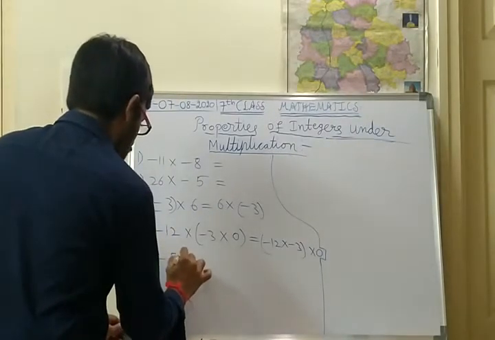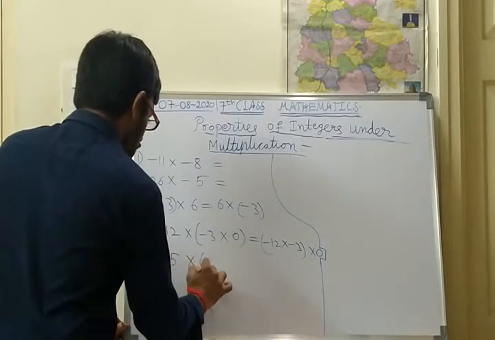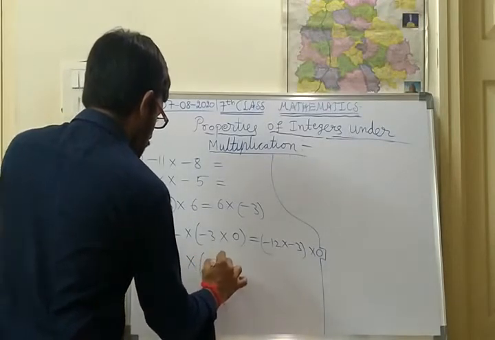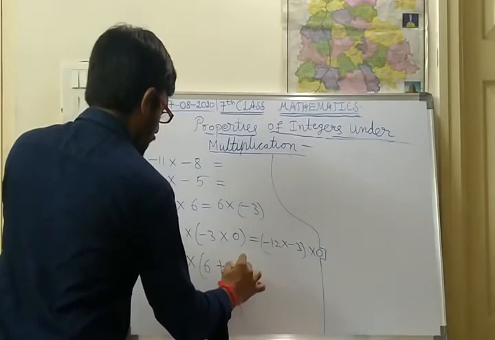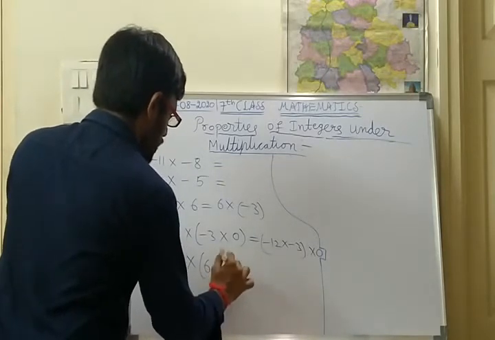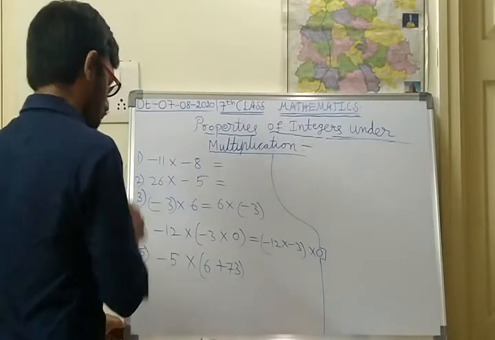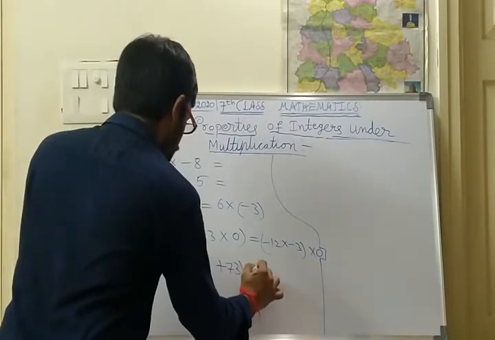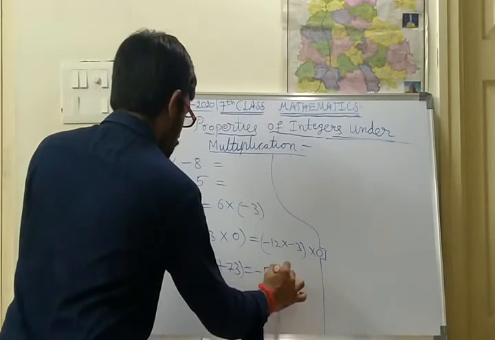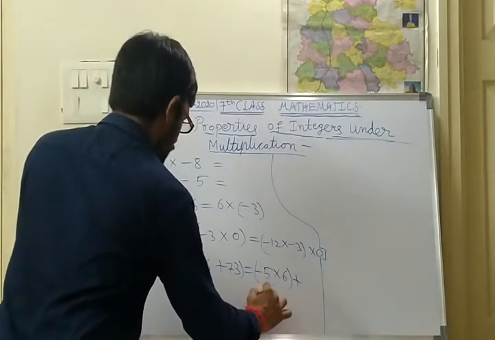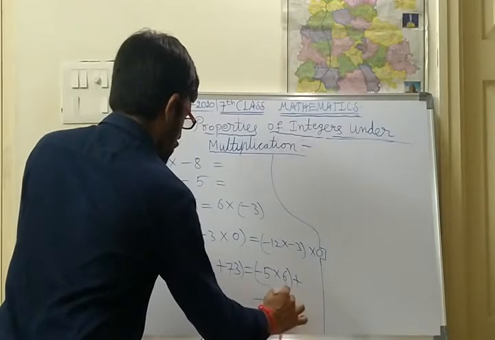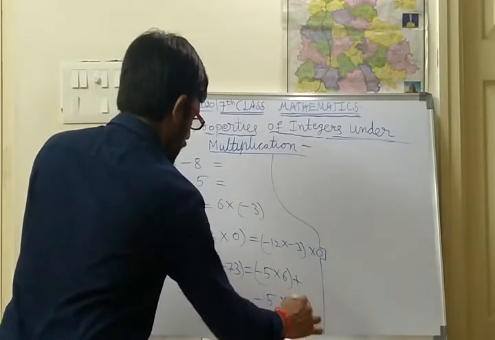Next, fifth one: minus 5 into 6 plus 73 is equal to minus 5 into 6 plus minus 5 into 73.